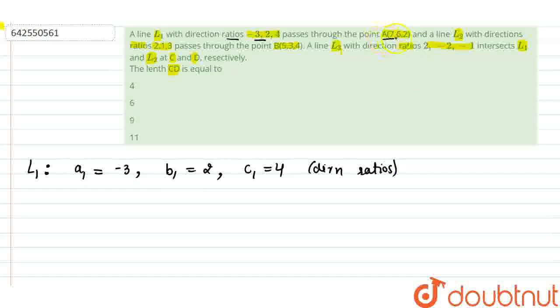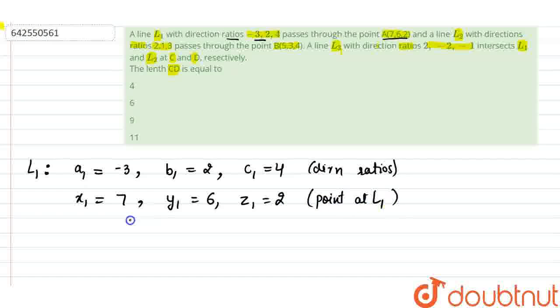Also we have a point A(7, 6, 2) through which the line L1 is passing. So we have a point x1, y1, z1: x1 is 7, y1 is 6 and z1 is 2. This denotes the point on L1.